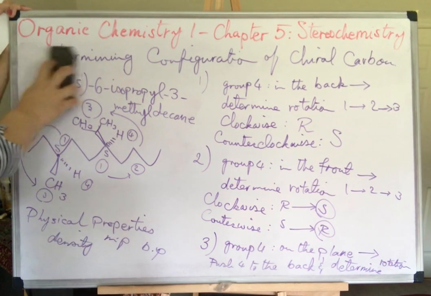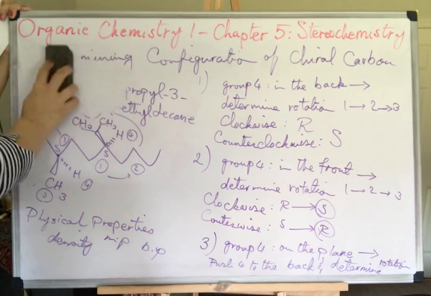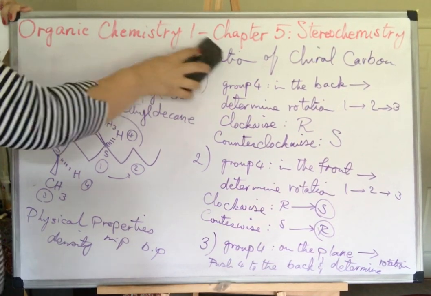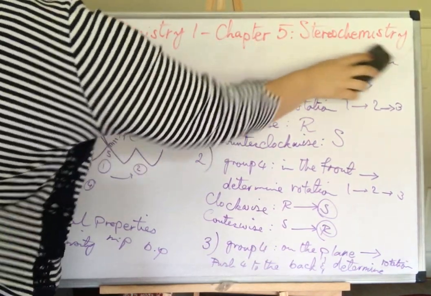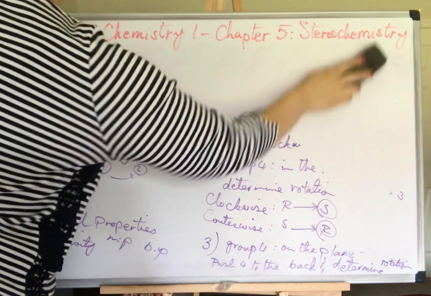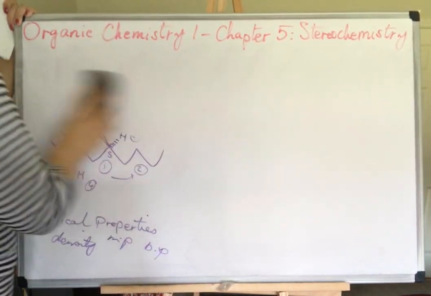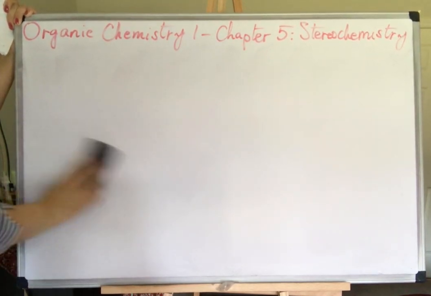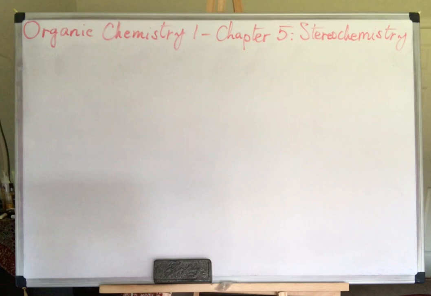Okay, so the first type of stereoisomers were enantiomers, mirror images, non-superimposable. We learned everything about them, how to find the configuration of stereoisomers, and we also learned that their physical properties are the same. Their melting point, their boiling point, and we're going to learn more about them.